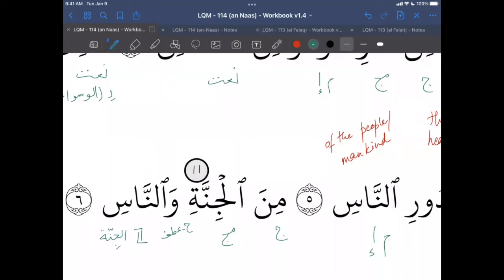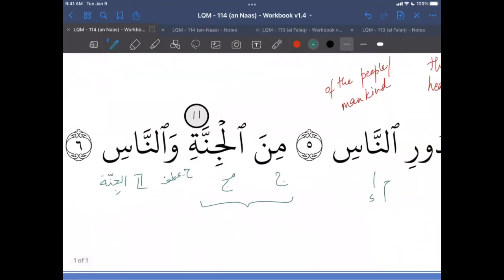And the jar wa majroor together, this is fi mahalli nasbin hal min fa'ili yuwaswisu. I'll explain, inshallah.